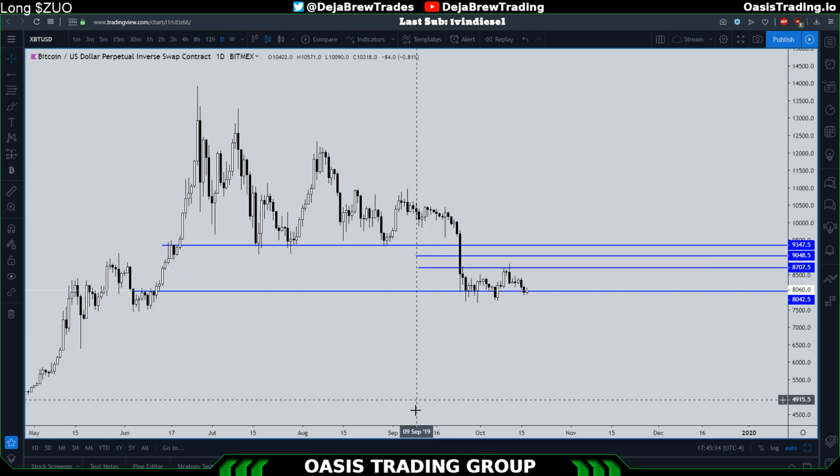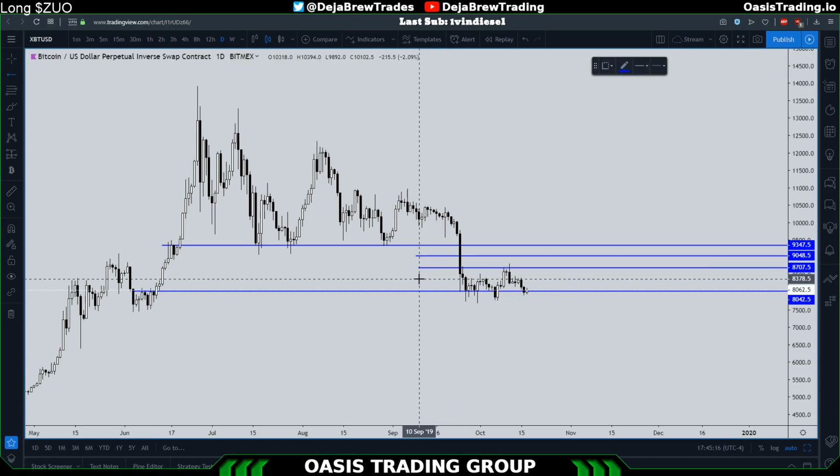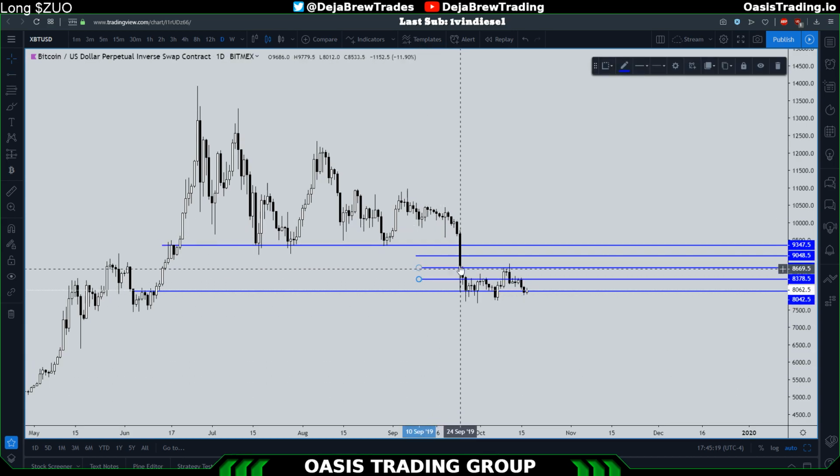So if you were failing to determine this support and you were just adding during a dump, your average price would be much higher than if you properly determined that support.